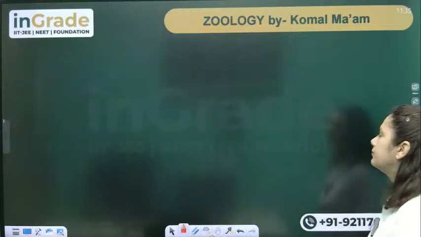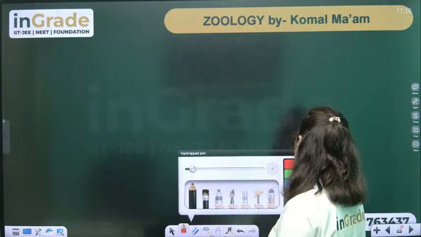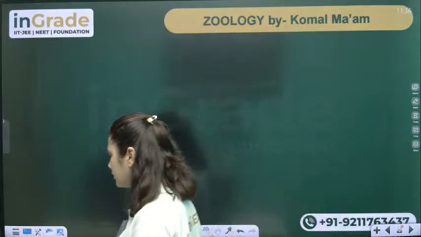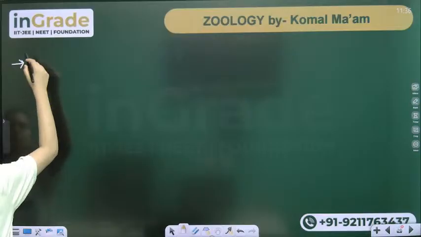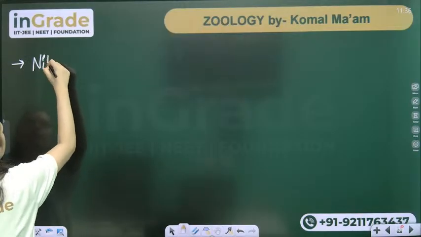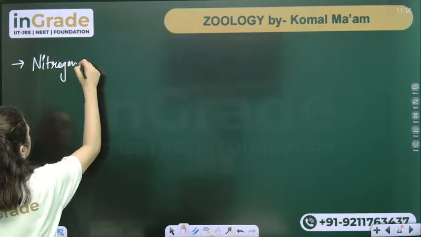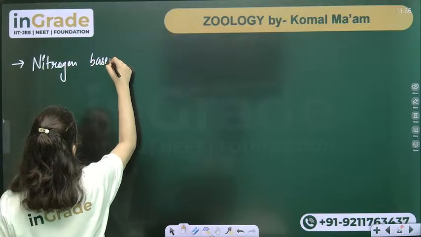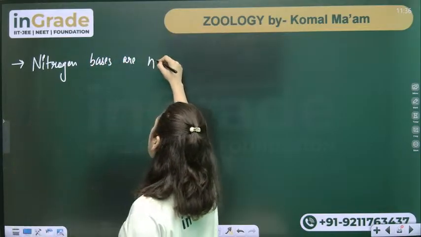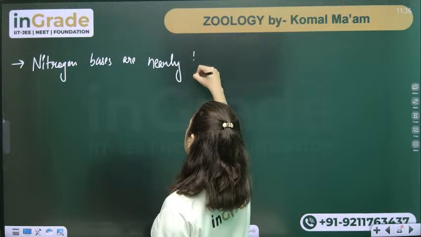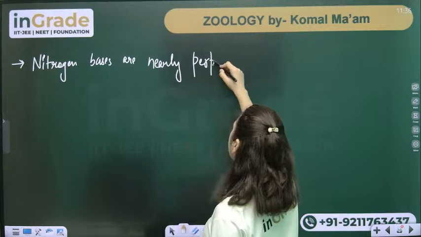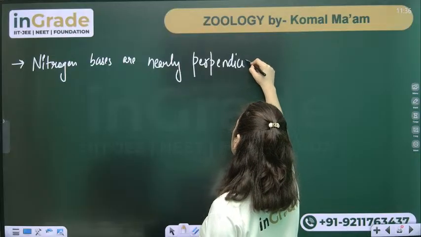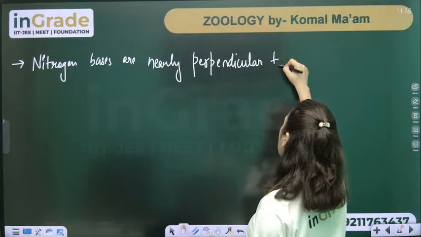Next point, which is explained by Watson and Crick, is that the nitrogen bases are nearly perpendicular to the backbone of DNA.